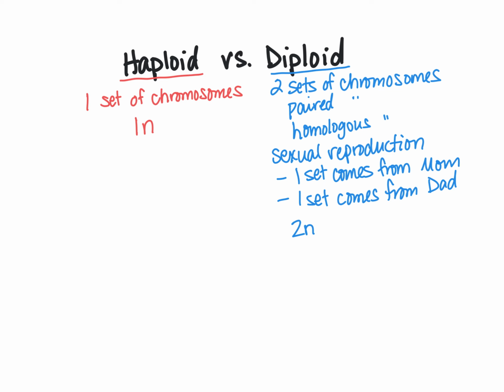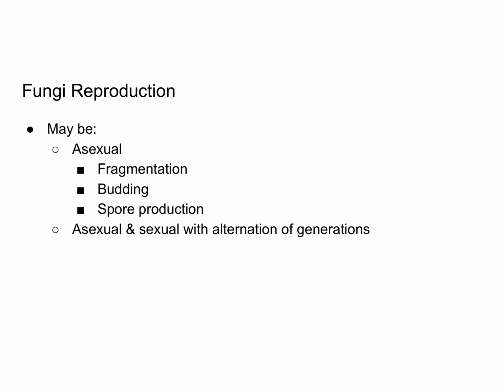Now, both haploid and diploid organisms can go through mitosis. But only diploid organisms can go through meiosis. Fungi can reproduce either asexually or sexually, with an alternation of generations.